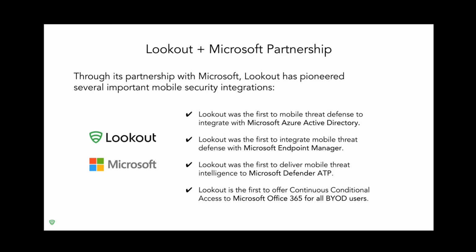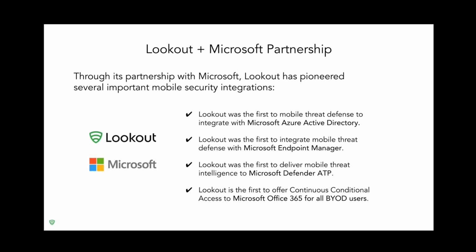Then Microsoft Endpoint Manager can apply a compliance policy, for example, block access to company resources or block Exchange Online, block SharePoint Online, whatever you want once a threat has been detected on the device.